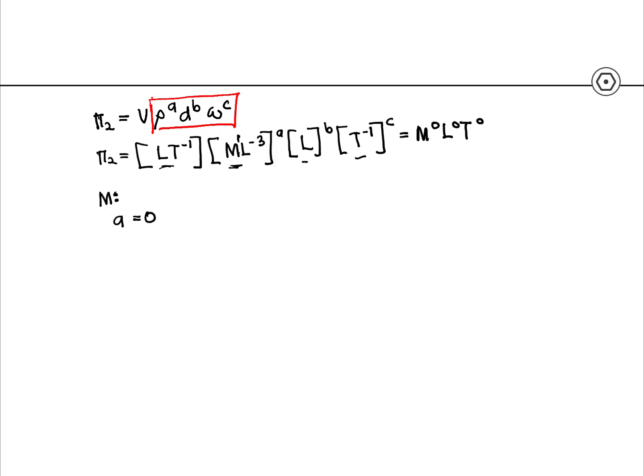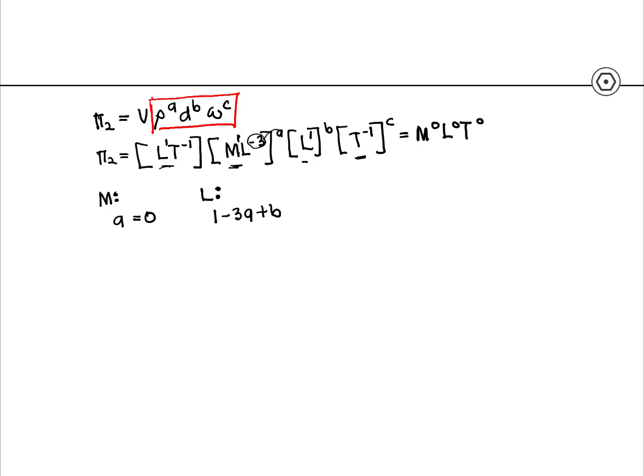So a is 0. Then L, so here 1. Okay, and then L is minus 3 times a, and we get minus 3a. Okay, here 1 times b, then we get plus b.